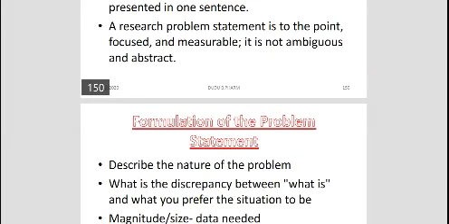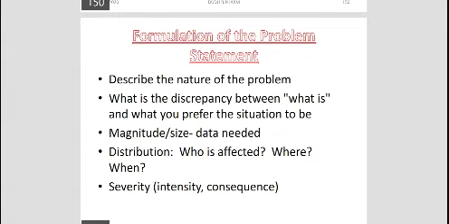In formulating this problem statement, first you should describe the nature of the problem. As we said, there is no research if there is no base of a problem. Something must have happened for someone to research, finding the cause of the problem that you see.